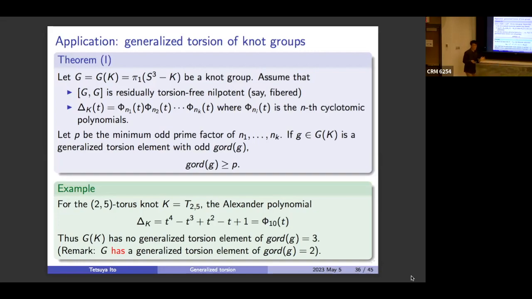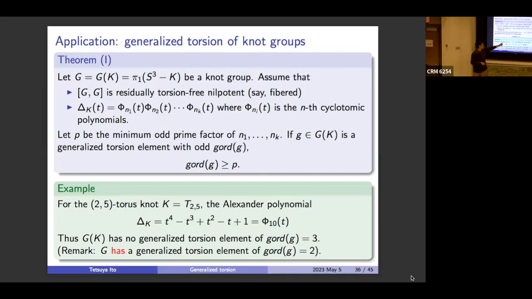So this is some kind of generalization of the bi-orderability criterion. The bi-orderability criterion says there is no generalized torsion element. Here, I provide a slight refinement from the Alexander polynomial. If there is a generalized torsion element, then its order is bounded below by certain information obtained from the generalized torsion Alexander polynomial. Here is an example.